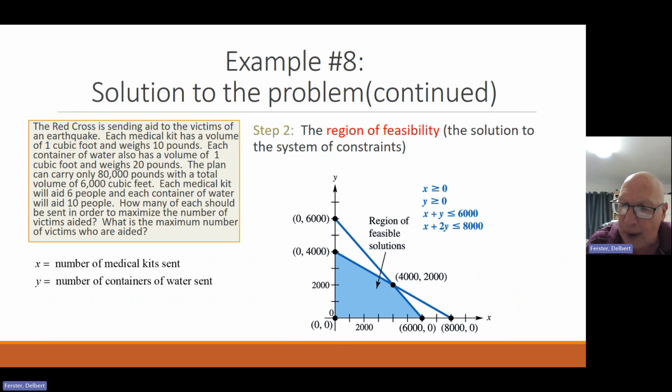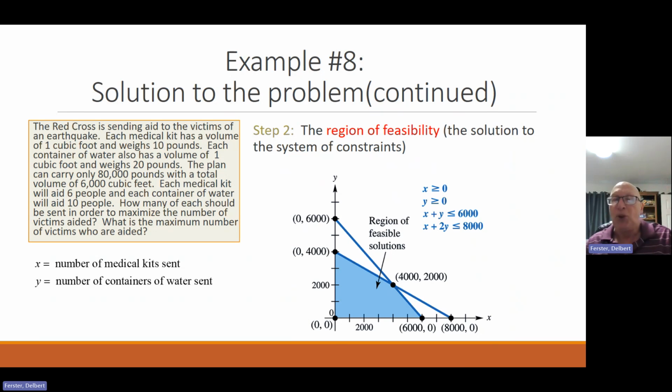If you look at it critically, it looks like 0, 4,000 is one, 0, 0 is one, 6,000, 0 is one, and there's one at 4,000, 2,000. So those represent possible solutions to maximizing your objective function. They also represent possible solutions to minimizing your objective function, but we didn't seek to do that in the context of this problem.